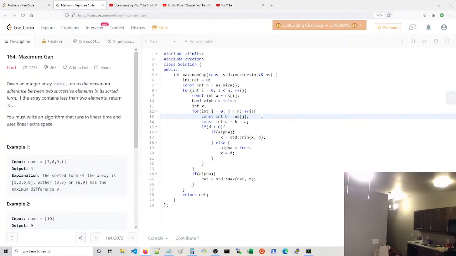Maybe what we can do is say, if our difference is larger, so calculate some new difference. If it's larger, we want to compare it against the difference we currently have.